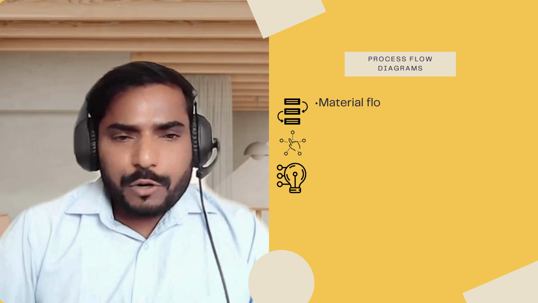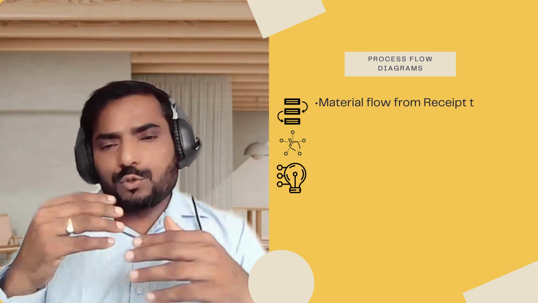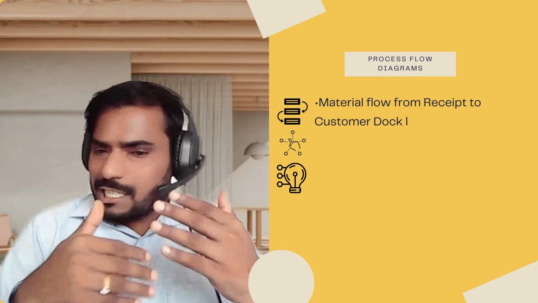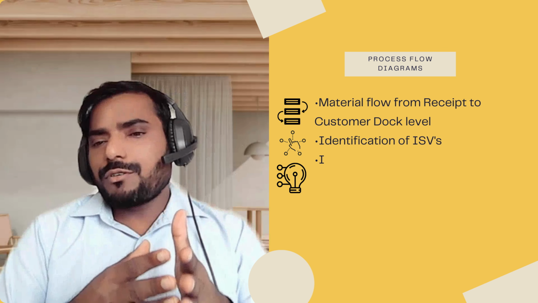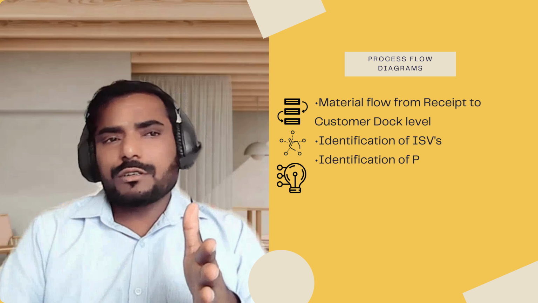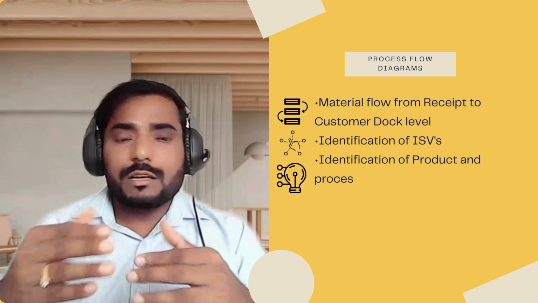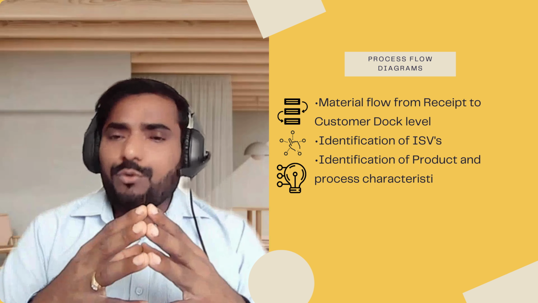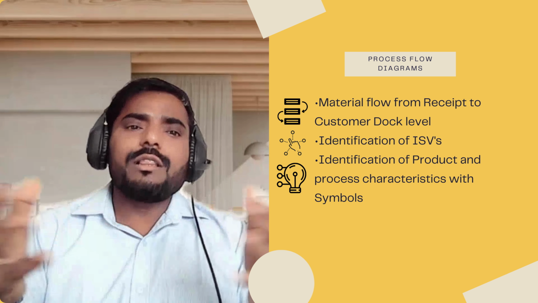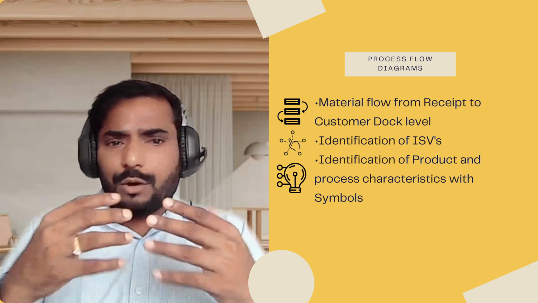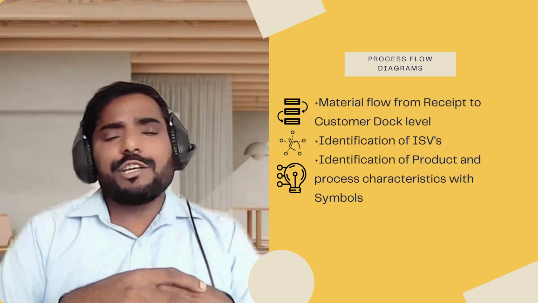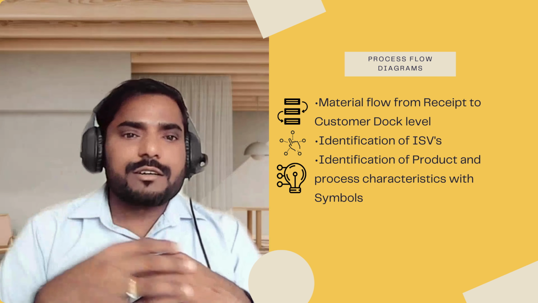Now talking about the process flow diagram, this is very important to establish all your required processes, right from material receiving up to the customer dispatch and customer dock level. How have they identified all the operational level processes in the process flow diagram, and how have they captured the incoming sources of variation, product characteristics, and process characteristics?